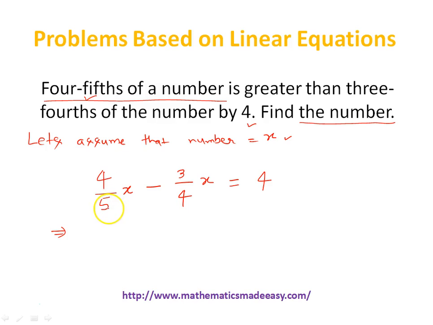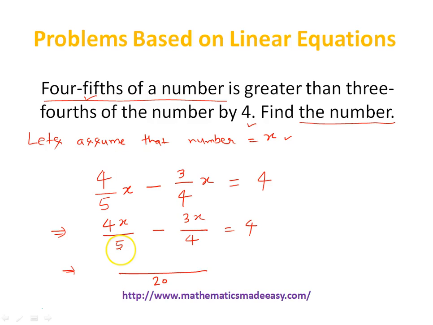If something is written as 4 by 5 x, it simply means 4x by 5, right? Because x will always be multiplied into the numerator. So this is 3x by 4 equal to 4, right? Let's take the LCM of the denominators. The denominators are 5 and 4, so the LCM of 5 and 4 would be 20.